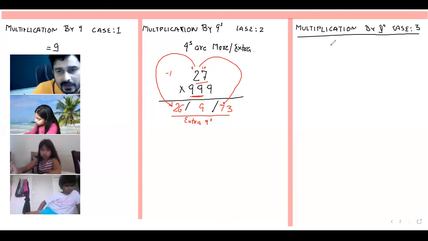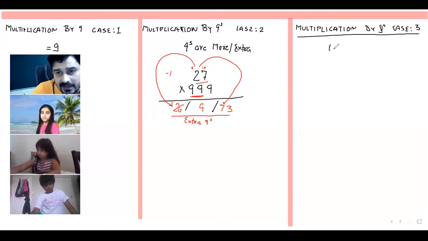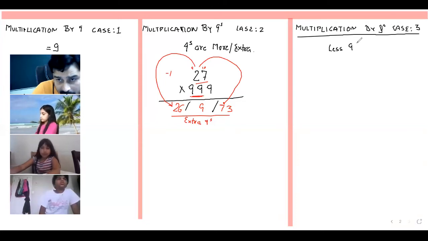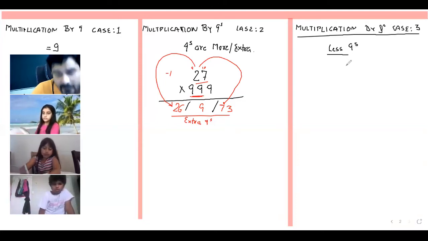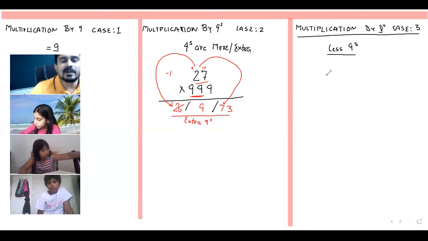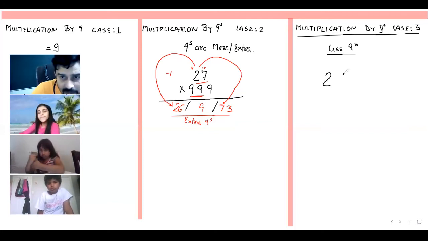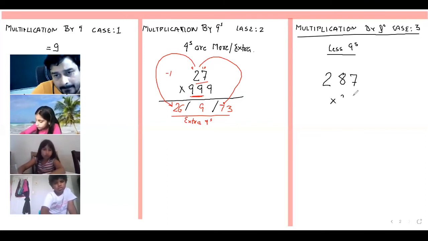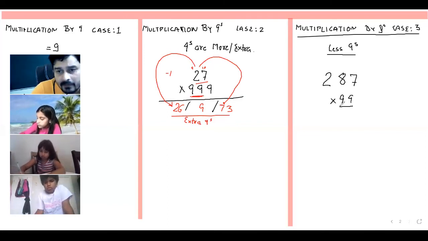Okay, so this is less nines. The nines are less. What we have to do is, for 287 times 99, we count the number of nines and leave that many digits.